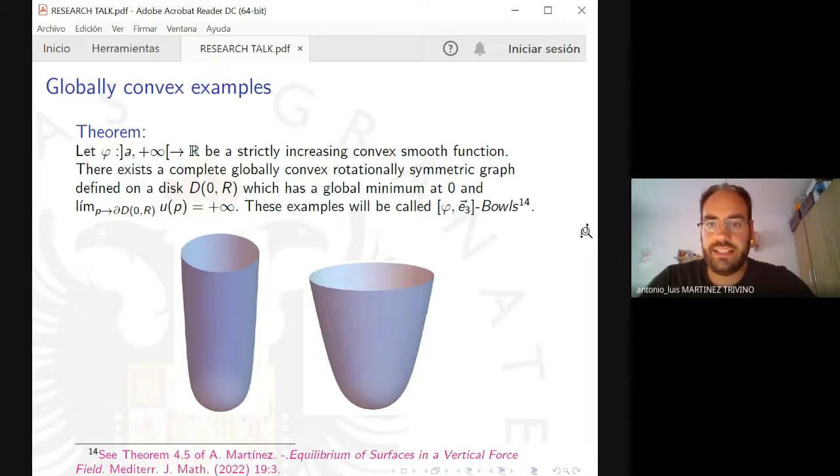Let phi be a strictly increasing convex Morse function. Then there exists a complete globally convex rotationally symmetric graph defined over the disk centered at the origin of radius R, such that this solution has a global minimum at the origin, and tends to infinity at the boundary of this disk. This example will be called phi3 bowl.